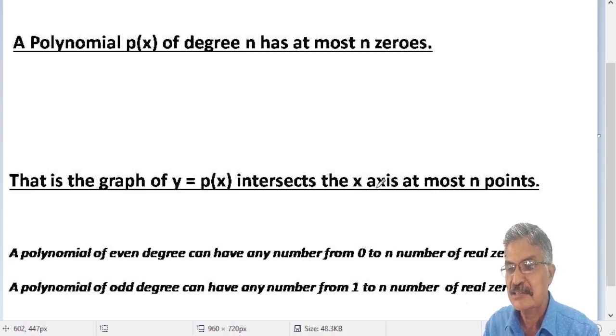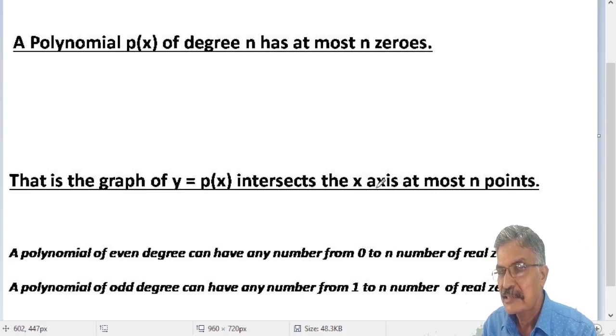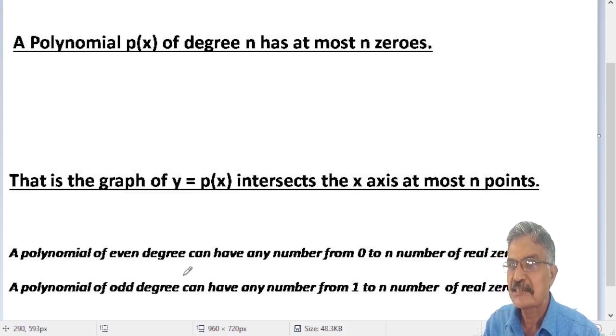A polynomial of even degree, that means if the degree of the polynomial is 2, 4, 6, etc., can have any number from 0 to n real zeros. That means maximum it has n real zeros.